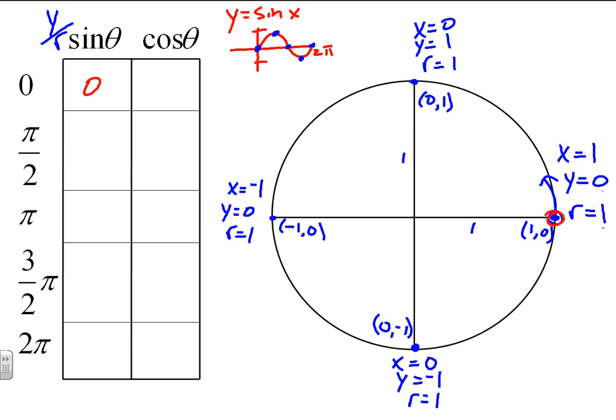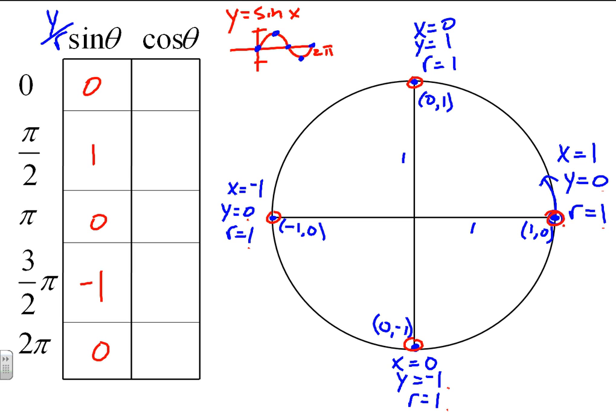And we go to pi on 2 up to here, and we get y on r 1 divided by 1 is 1. We continue around to pi, and we get y on r 0 on 1, 0. At 3/2 pi down here, y on r -1 on 1, -1. And then back to 2 pi, right back to here, y on r back to 0.